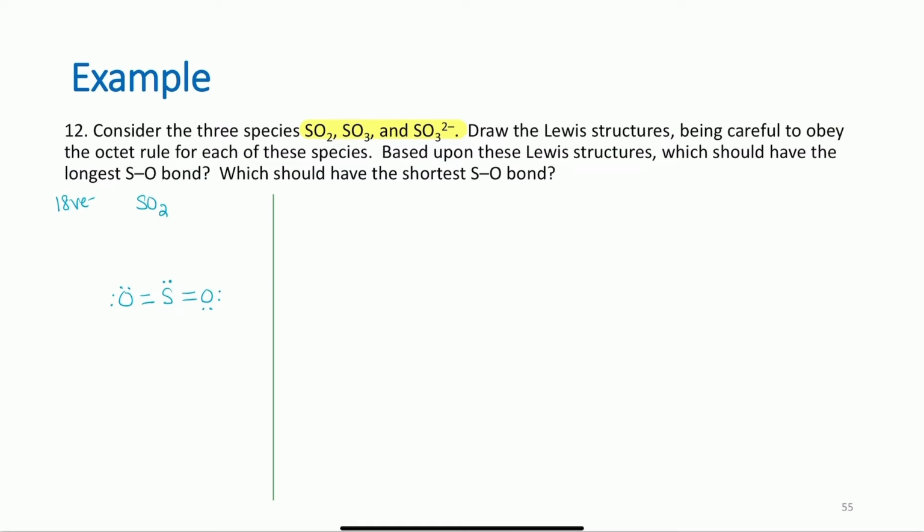What about SO3? Sulfur, 6 valence electrons, 3 oxygens, 18 valence electrons, overall 24 valence electrons. I've used up 6 electrons so far, just connecting them. Now give your outer atoms their octet.